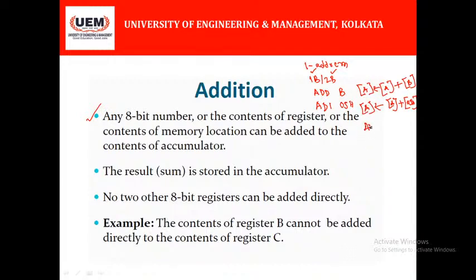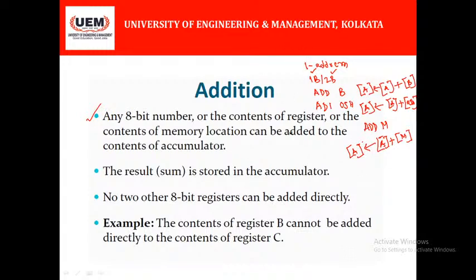Another example, ADD M. In that case, the content of the accumulator register plus the content of the memory location is added, and the result is stored in the accumulator register.